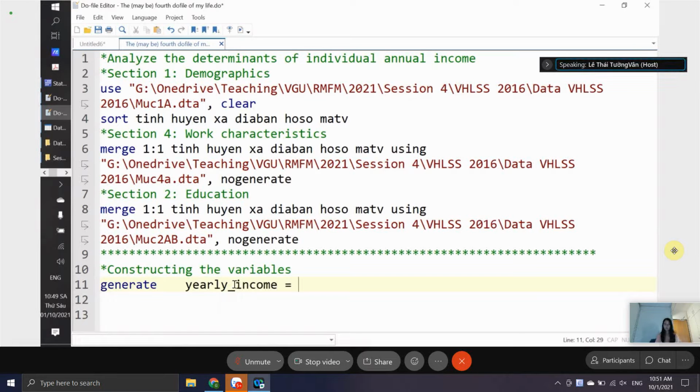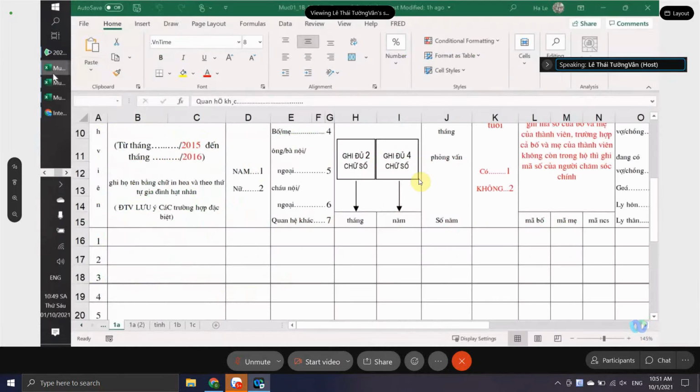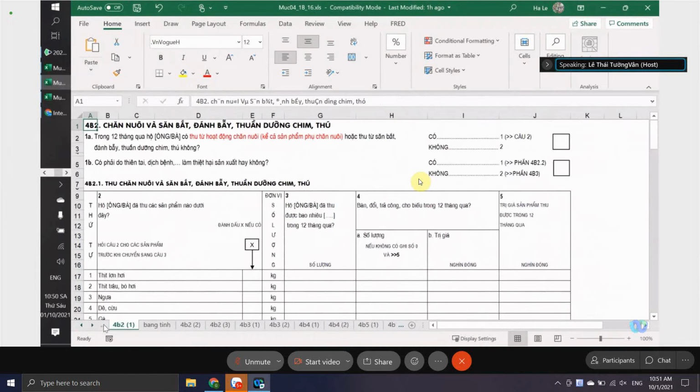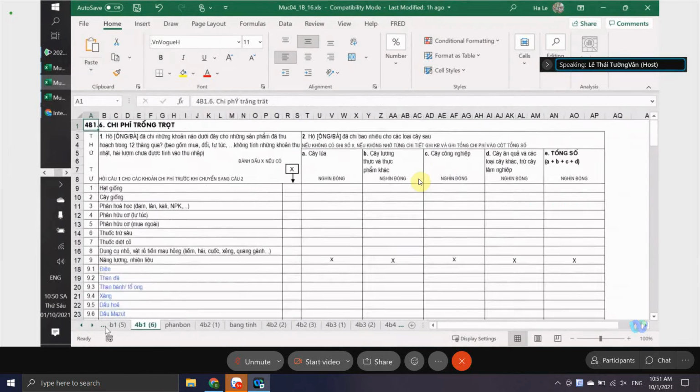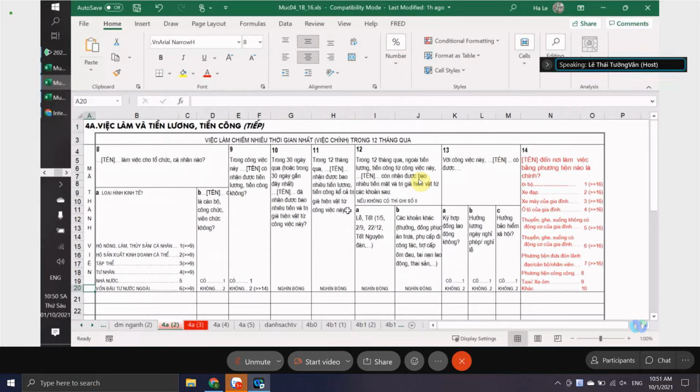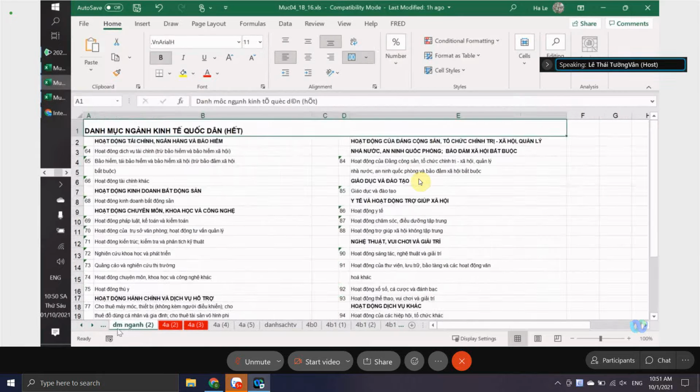Now, how many components are there in yearly income is a very important question. You go to section 4. You go to section 4A, where the information is located, is stored.